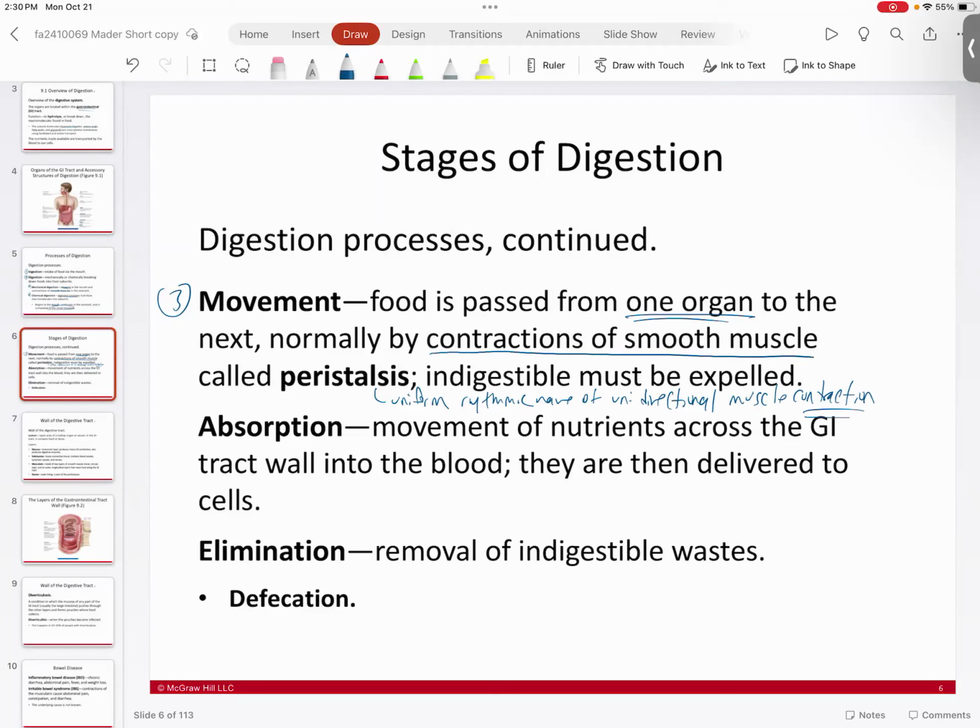But think of peristalsis kind of like you squeezing a toothpaste tube, right? You squeeze a toothpaste tube in a single direction, don't you? When you grab onto the toothpaste tube, do you look forward to the toothpaste squirting out both ends at the same time? No, because one end is closed, right?